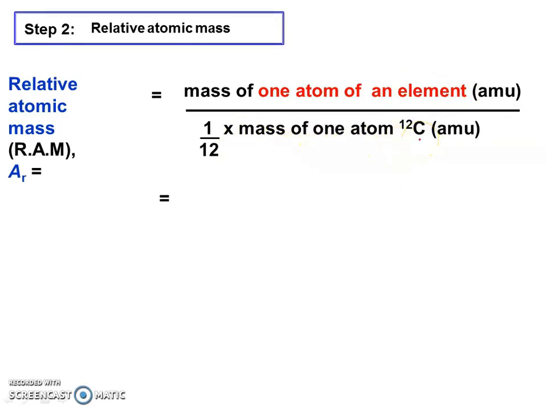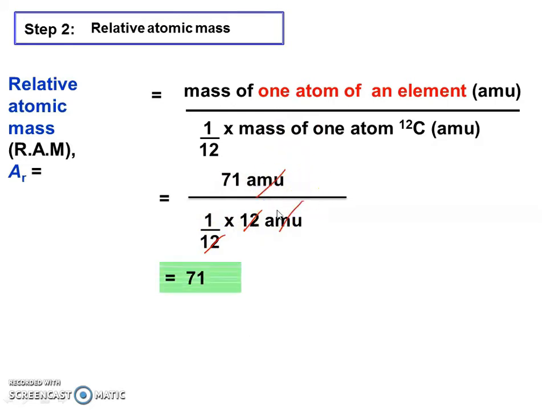Now we substitute the values. 71 AMU, the answer from just now, divided by 1/12 times 12 AMU. The 12 and 12 cancel, AMU and AMU cancel, so you get the answer 71. This is the answer for relative atomic mass.